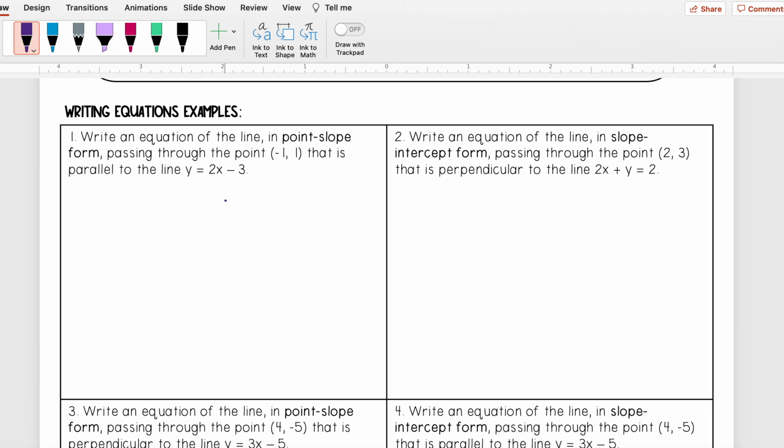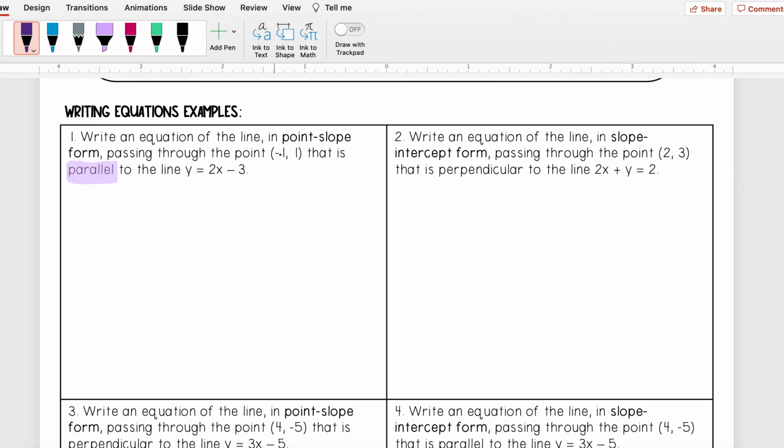So number 1 says to write an equation of a line in point slope form passing through the point -1, 1, that is parallel to the line y equals 2x minus 3. Here, it's important to note what type of line we are writing. We are writing an equation of a parallel line.